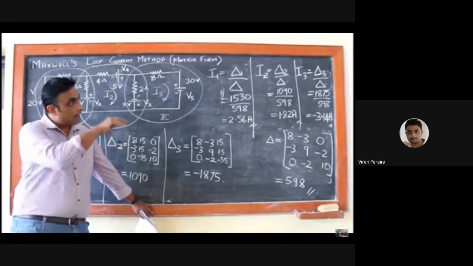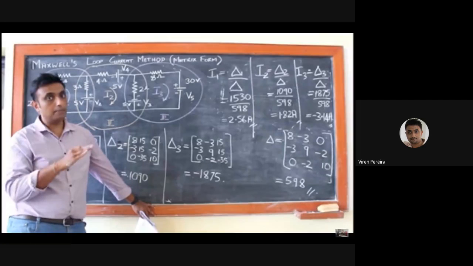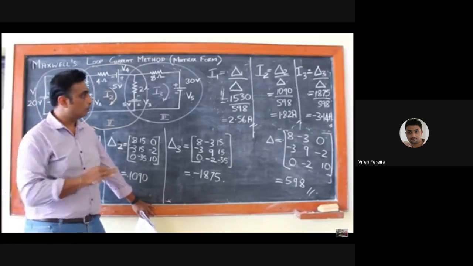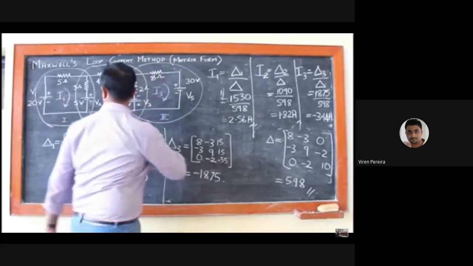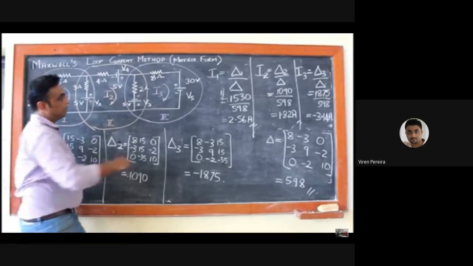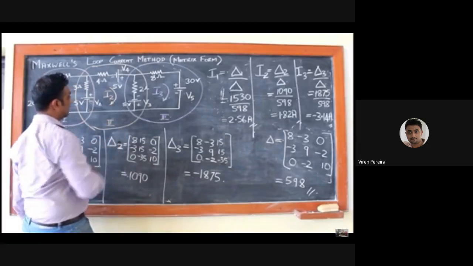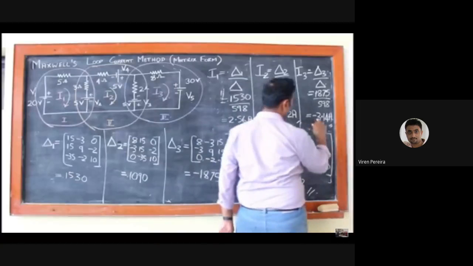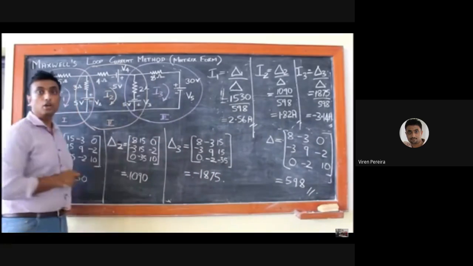Now, after this, whatever steps follow are the same steps as that of your simultaneous equation. Since I got plus 2.56, the direction of I1 that I assumed is correct. Here also I got plus 1.82, so the direction I assumed is correct. But for I3, I got minus 3.14 amps, so the direction I assumed here is wrong.